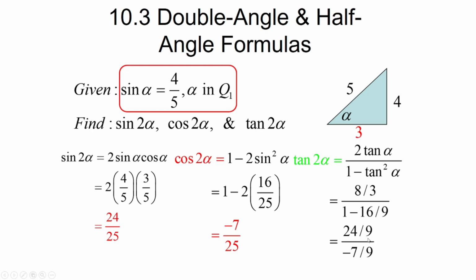Because the numerator and the denominator both have a divisor of 9, I can cancel those, and that's going to leave me negative 24/7. Again, you could have left the negative down below or out front or up top. That doesn't matter. That is a great problem right there, and it's just an application of your double angle formulas.